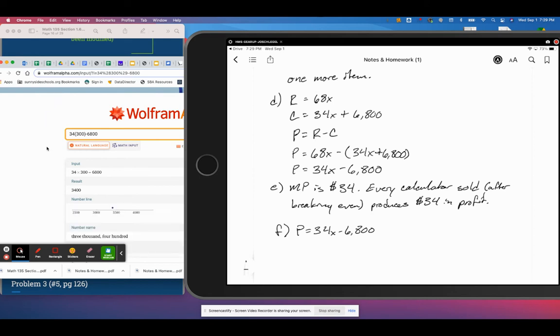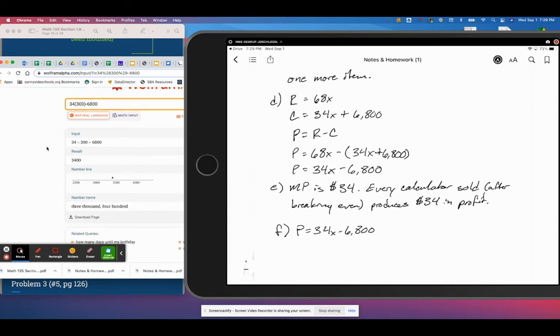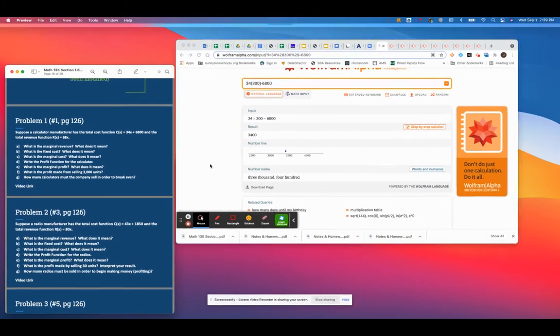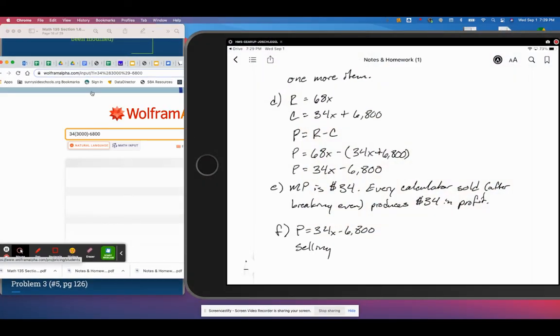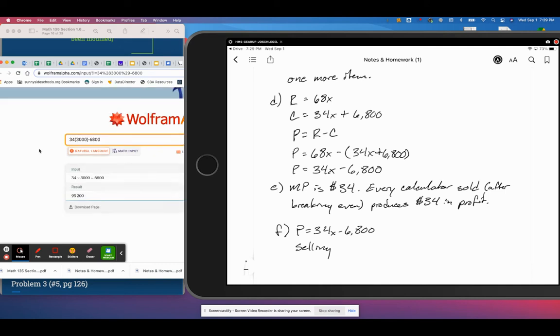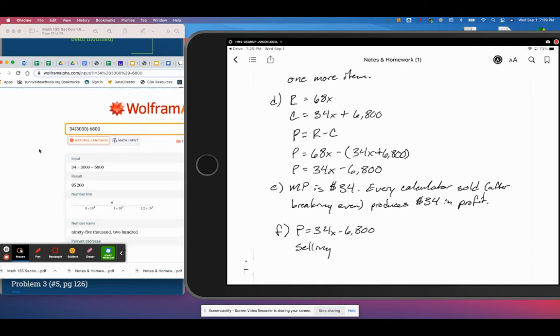And so we get a result of 3,400. So selling, no, did I say I put in 300 or was I supposed to put 3,000? I accidentally typed 300, my bad. Selling 3,000 calculators is going to give way more than that. It's going to be $95,200.